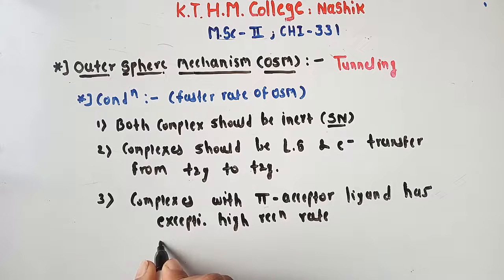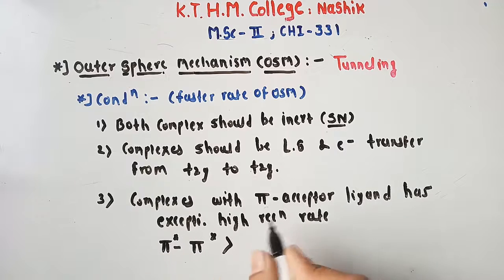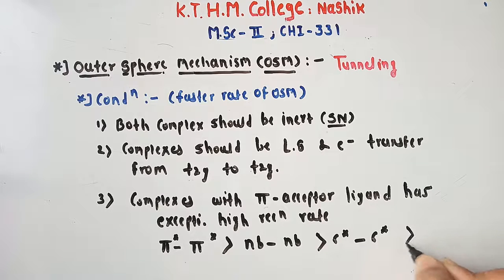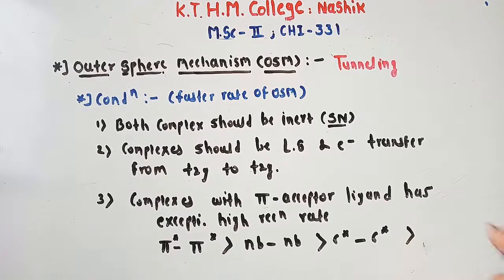Let's see the priority. First is pi star to pi star. Second is non-bonding to non-bonding. Third is sigma star to sigma star. And the last one is non-bonding to sigma star.